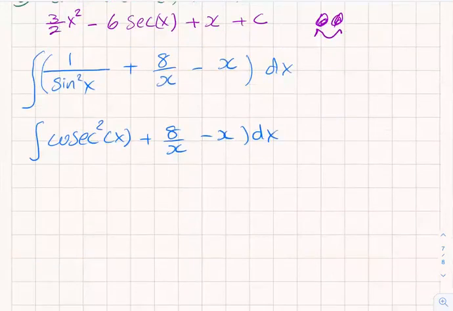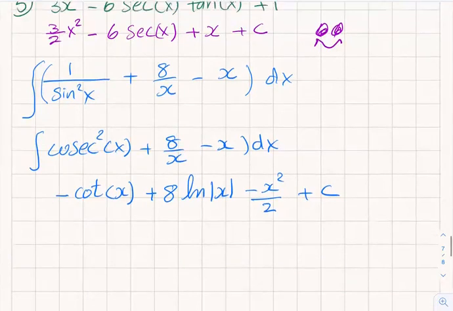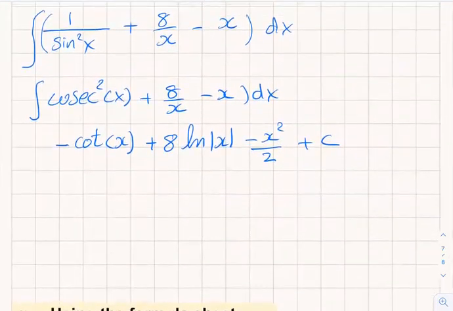Then this is going to be plus 8 ln x, because it's 8 times 1 over x, and the integral of 1 over x is ln. Then minus x squared over 2 plus c. Okay, so that's the blue question here.